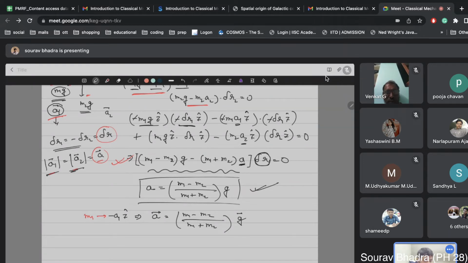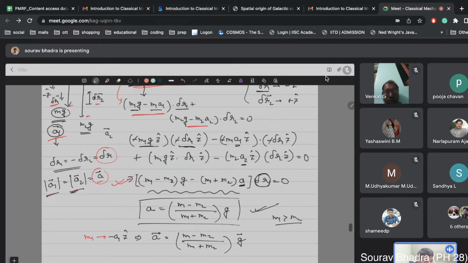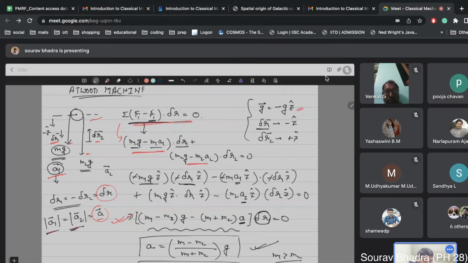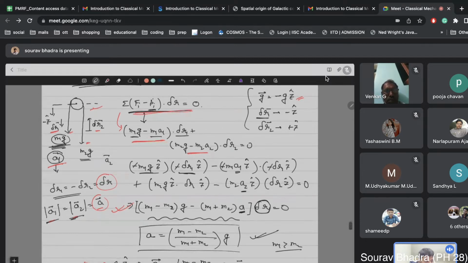This is the acceleration. Now from this you can also see, if m1 is greater than m2, then this acceleration value is positive. So when this mass is greater than this m2 mass, the acceleration will be along the negative z direction. So why negative z direction? Because this g is acting along the minus z direction, so a will also act along the minus z direction.